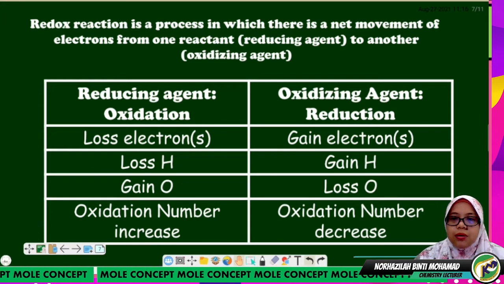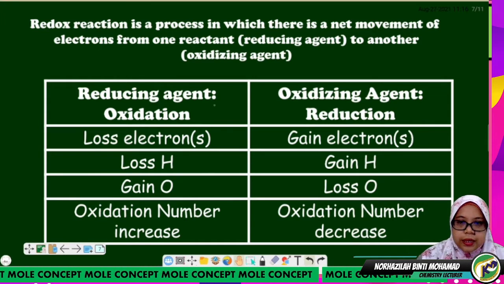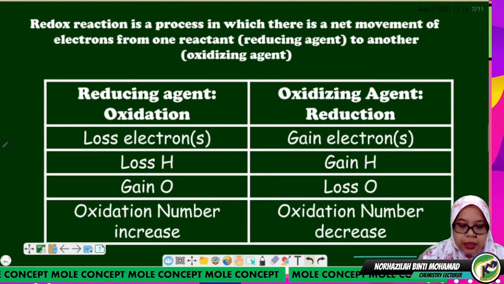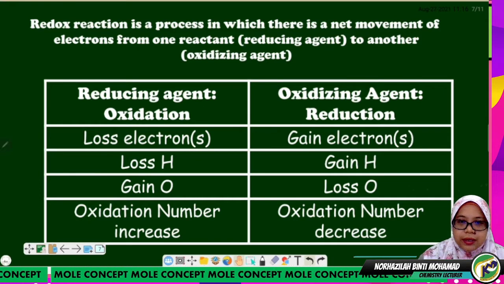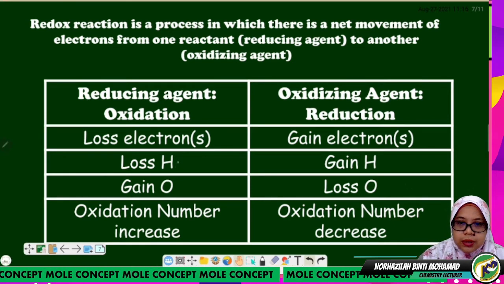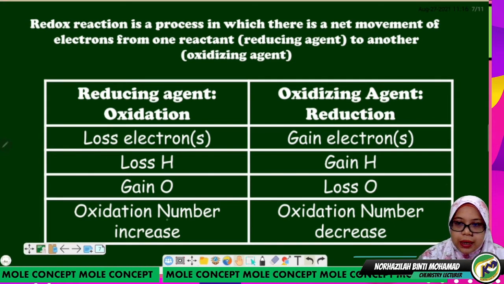To balance this redox equation, we need to understand two terms: oxidation and reduction. What is an oxidation reaction? It is undergone by the reducing agent. In this reaction, the reducing agent will lose electrons, lose hydrogen or gain oxygen, and when we calculate the oxidation number, it is increased.